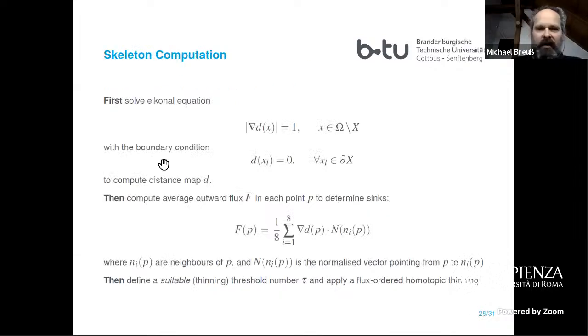Okay, I will not go into details because of time, but what you do here is again relying on the eikonal equation. And then there's a certain idea called Hamilton-Jacobi skeletonization. So we look at the sinks of the gradient vector field that you can compute of the distance transform. And the sinks give a measure for what can be skeleton points.